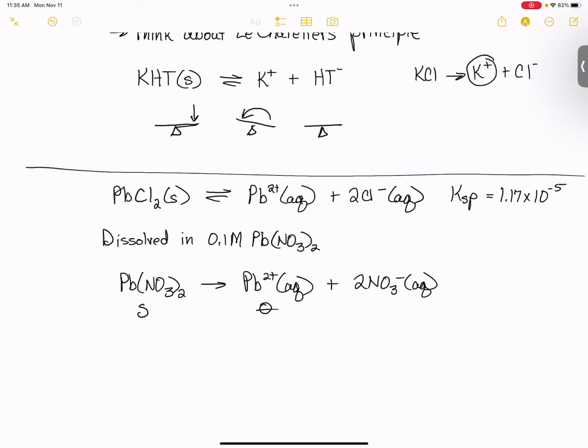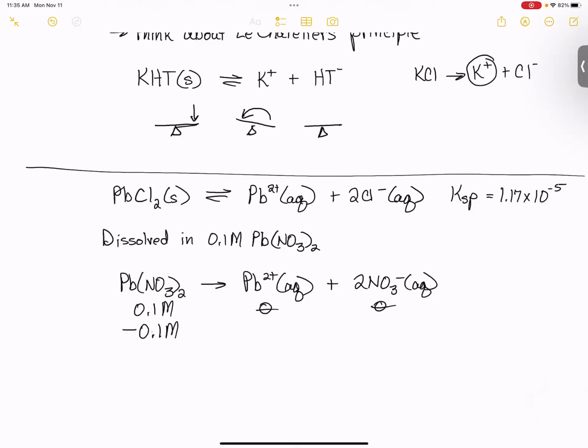You start out with your lead nitrate. Again, lead nitrate dissociates entirely, so you're going to use all of it up. If we start out with 0.1 molar, we lose all of it.